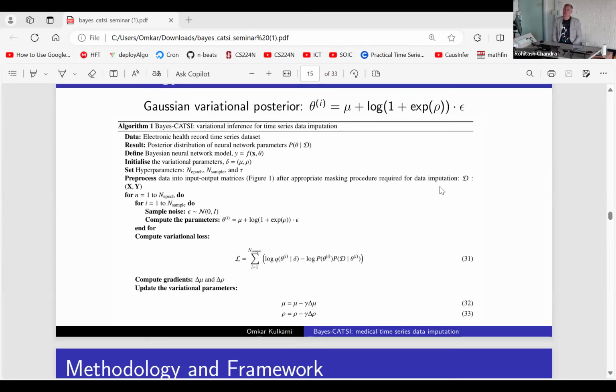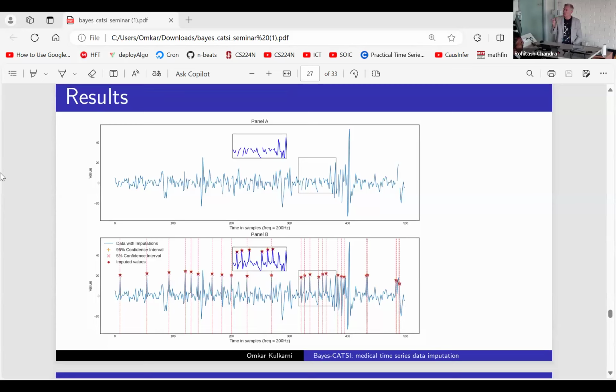Okay, excellent. And I think a couple of slides after this, when you were showing the results, there's a time series plot where you're showing the imputations with, I think, the red crosses at the top of the plot. Yeah, that one there. One of the questions I wanted to ask is, in the real world, missing values are not necessarily IID.